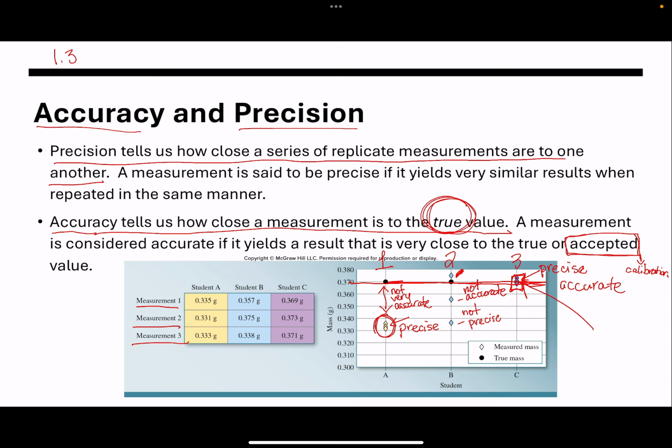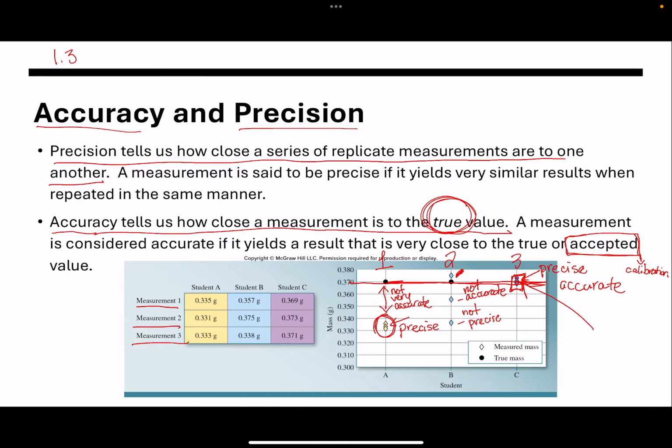That would mean that other things that you measure on there should be accurate. But if you get, say, a balance that's measuring all over the place, not giving you very similar measurements each time you put the same mass on it, then you know that it's not very precise. So we want all of our measuring devices to be both accurate and precise.